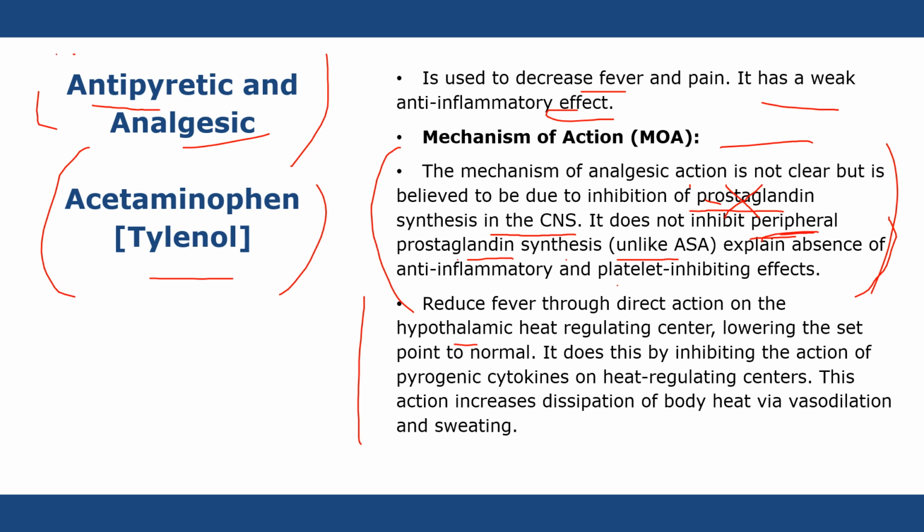And acetaminophen will do that by inhibiting the action of cytokinase on heat regulating centers. Also, on top of lowering the set point to normal, it will also cause vasodilation, and that's how you get rid of excess heat, and you sweat. So again, good agent for pain and fever, but not a great agent from an inflammation standpoint of view.